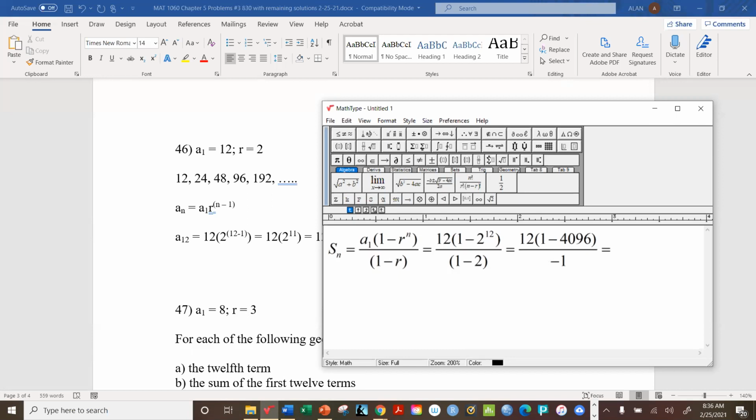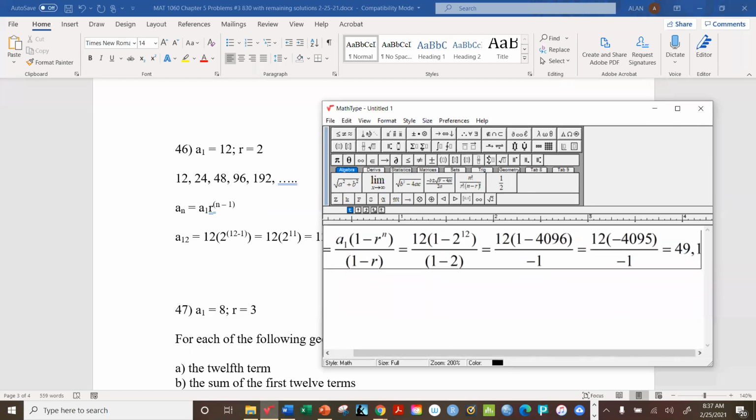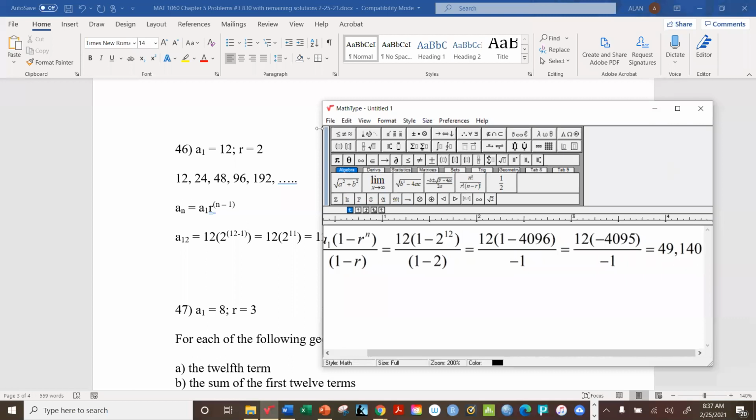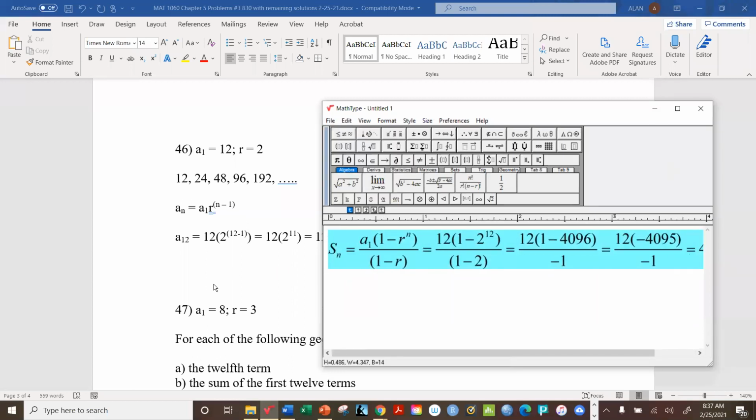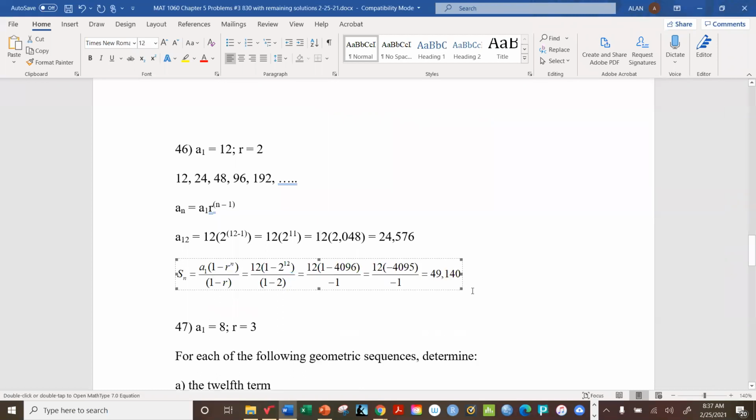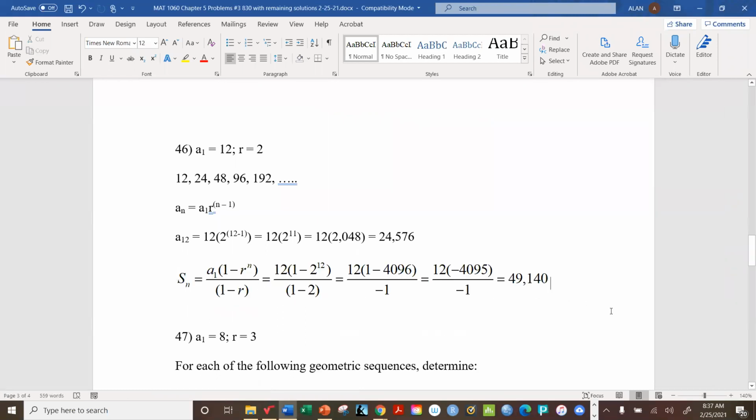And when you do the subtraction, what you've got here is the ratio of 12 times -4095 all over -1. Of course, those negatives cancel out. And by the time we're done, we end up with 49,140. So you can see there were two negatives, but they cancel each other out, and so we end up with a total of 49,140.